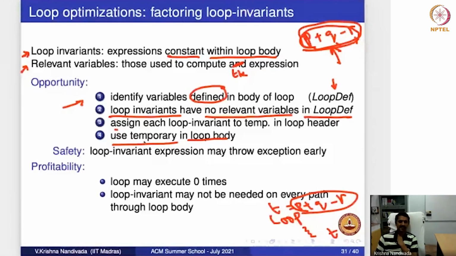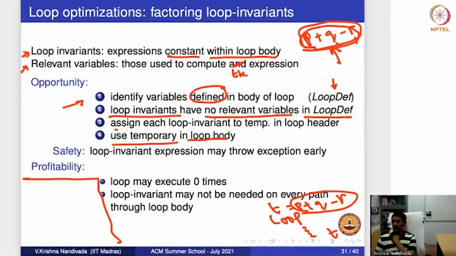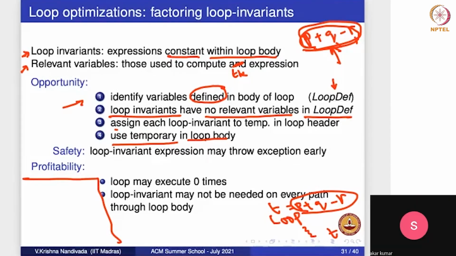Let us say I have done the following, okay? But any questions on the opportunity part on how to identify loop invariants? Mayur? No, sir. Okay. Gagandeep, any doubts? Sir, why is it written that the loop invariant expression may throw exception?